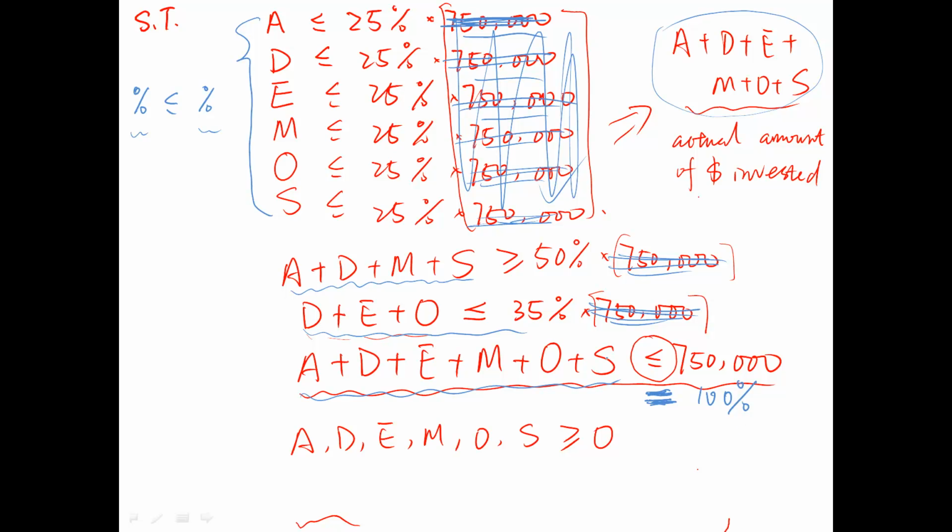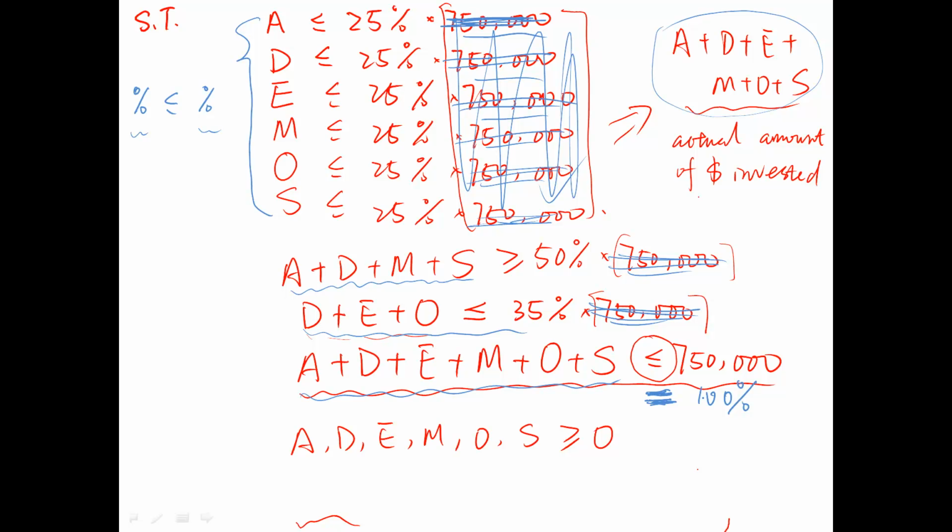So again, this sign here can be less than or equal to, or equal to. And if it's less than or equal to, then on the right-hand side of those constraints, we need to multiply this sum of A, D, E, M, O. Or if it's equal to 100%, that is saying we are investing all the money.